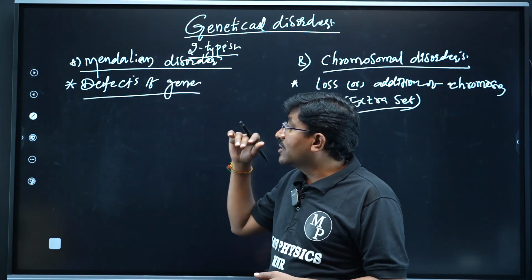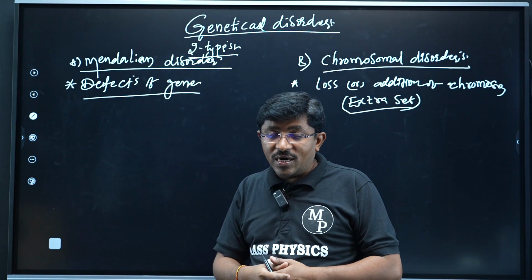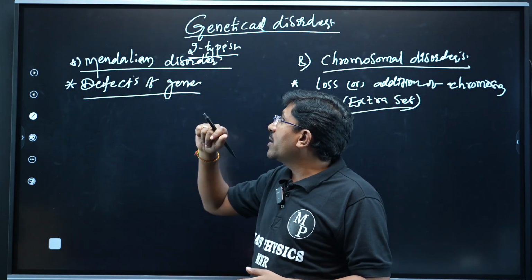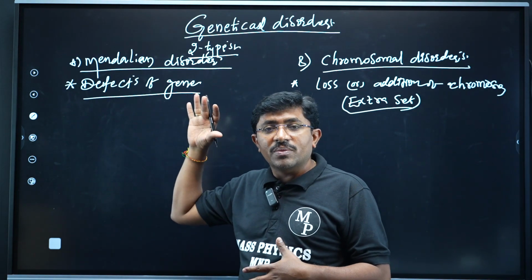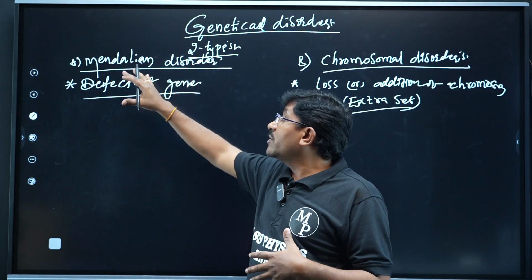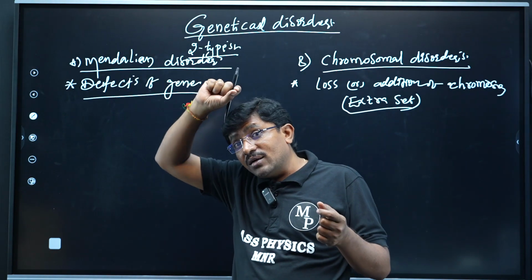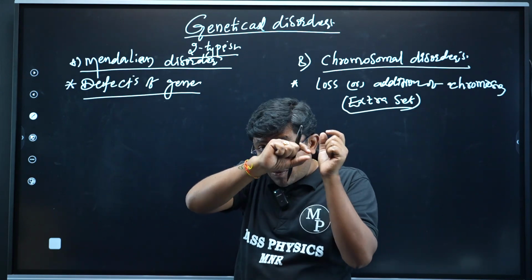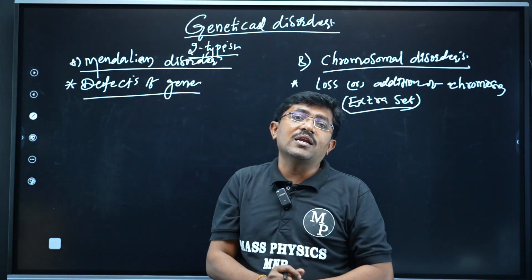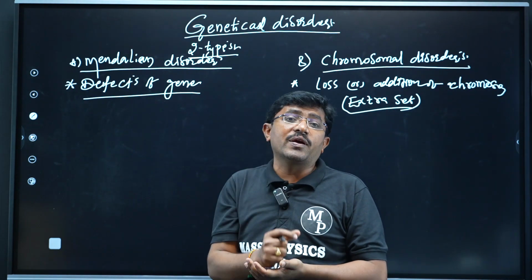But those who are born with a genetic disorder like a Mendelian disorder, that person is not sterile, because this defect is only in a particular place of the DNA, in a particular gene defect only.